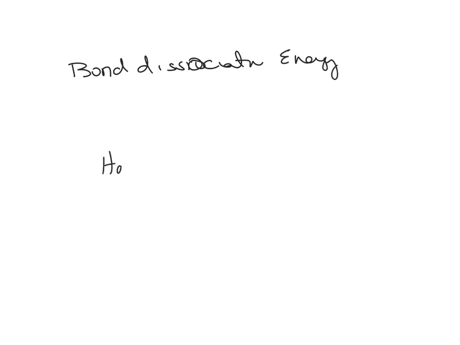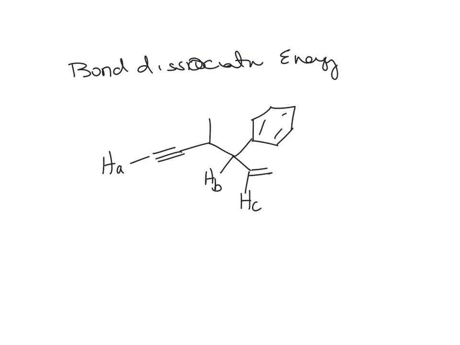All right, this is bond dissociation energy. You might want to work some of your problems in your book, and look through your textbook and see if you can assign numbers to these different types of hydrogens.